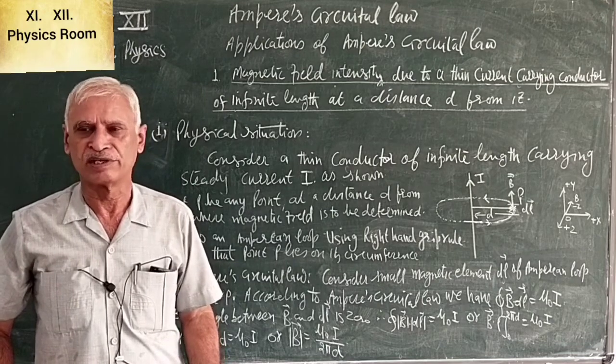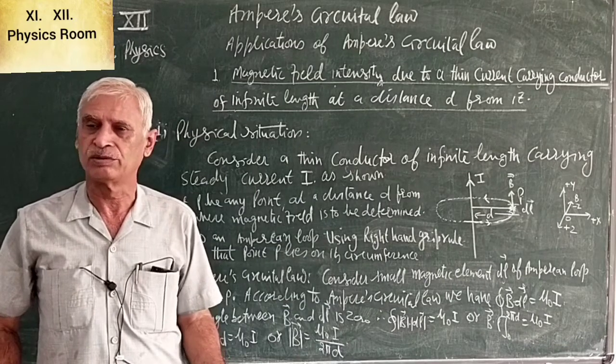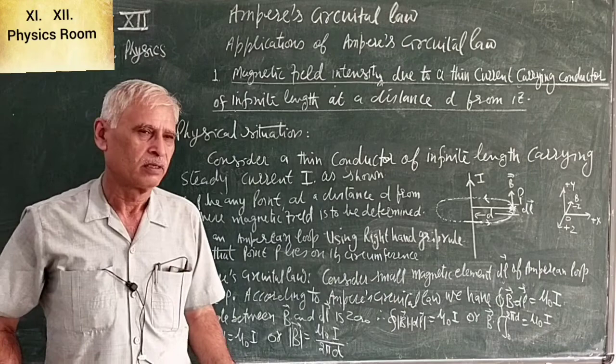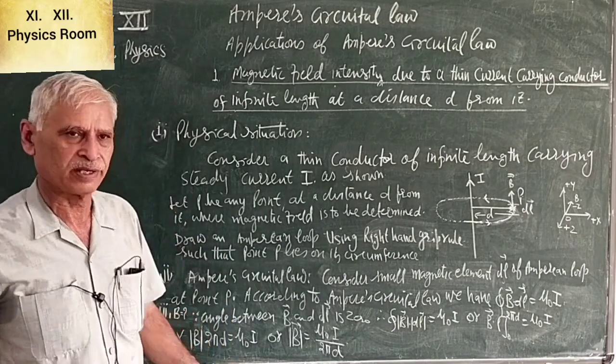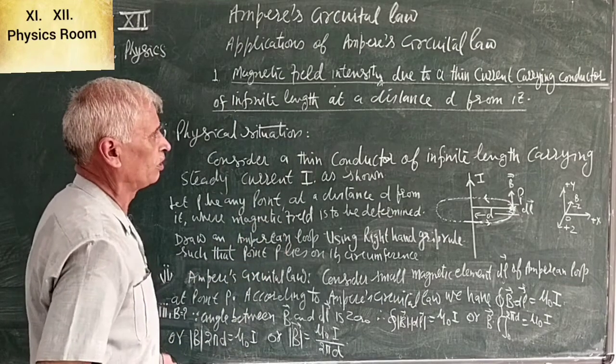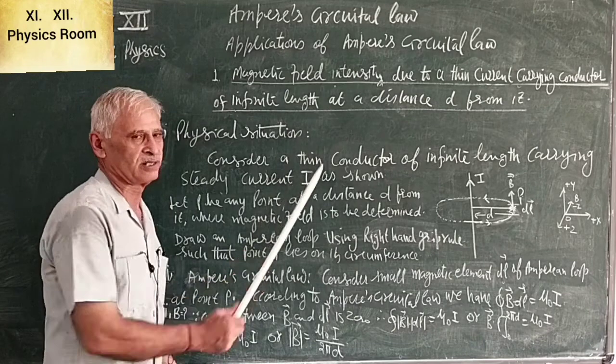And the third one, an extension of the toroidal solenoid, is the magnetic field intensity due to a straight solenoid at any point on its axis. Here we take our first application, the magnetic field intensity due to a thin current carrying conductor of infinite length at a distance d from it.